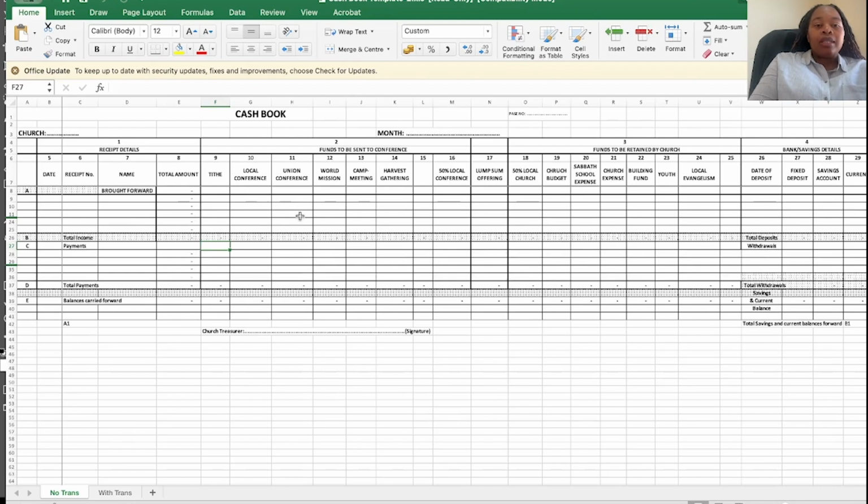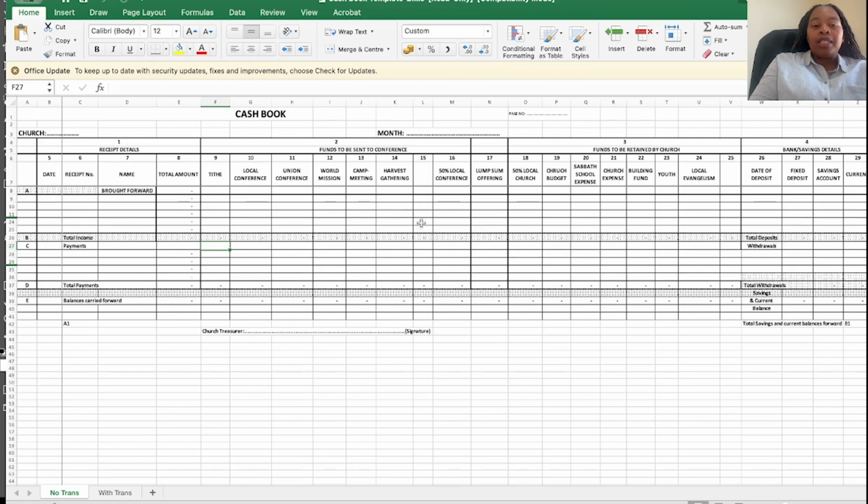And then under section 2, we've got the tithe amount, column 9. We've got the local conference amount, column 10. We've got the union conference amount in column 11. World mission, column 12. Column 13 is the camp meeting offering. Column 14, we've got harvest gathering.